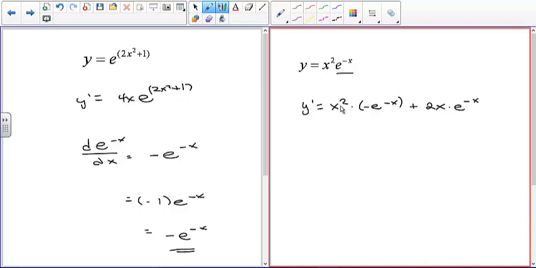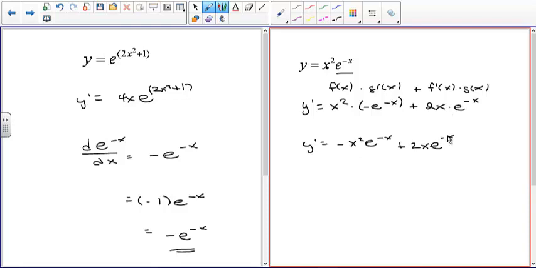So this is f of x times g prime of x plus f prime of x times g of x. And you wouldn't leave it that way. You'd clean it up. You'd take the negative sign out front, and you could drop your little multiplying dot there. So that would be the derivative.